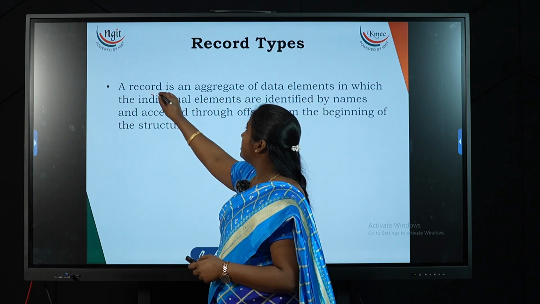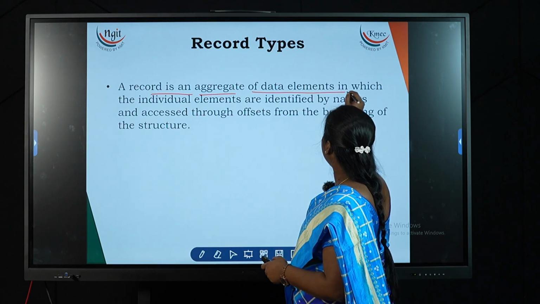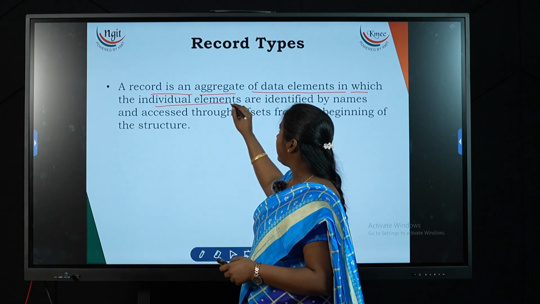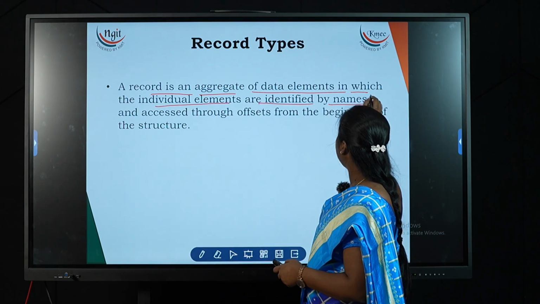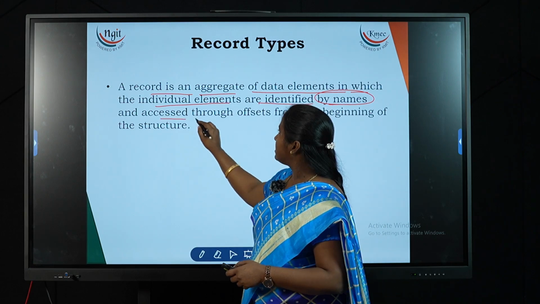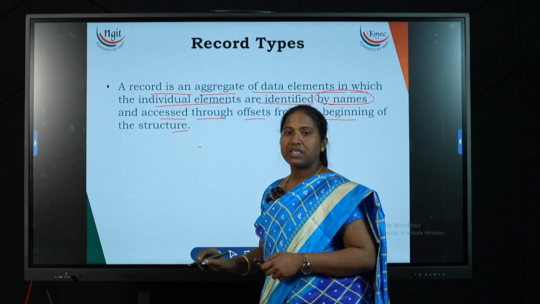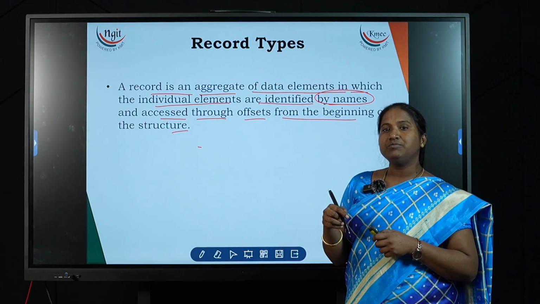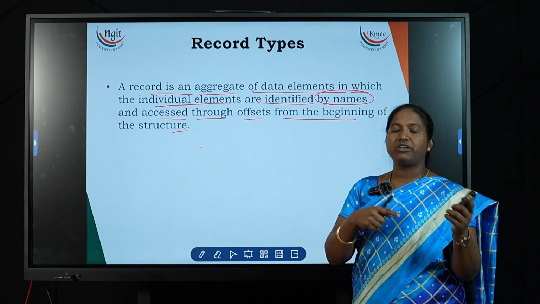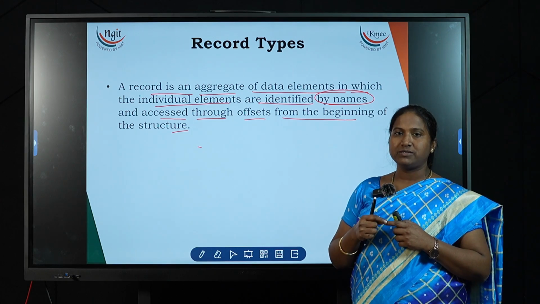A record is an aggregate of data elements in which the individual elements are identified by names and accessed through offset from the beginning of the structure. The definition seems the same as for arrays and associative arrays.